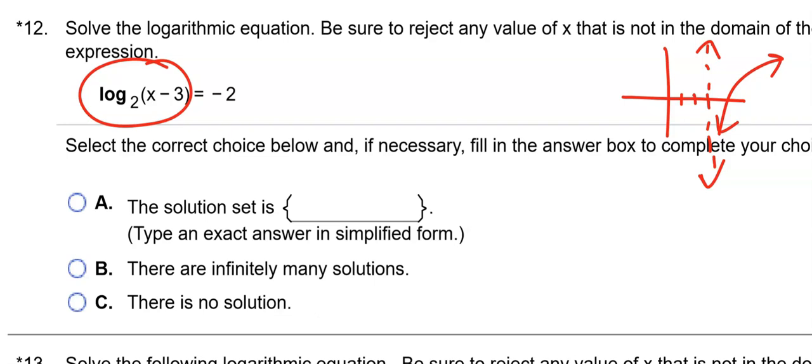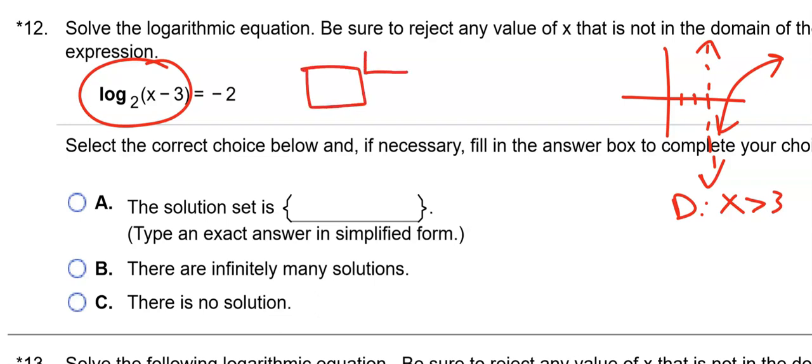Well, this would have a problem if we had anything 3 or less, right? The domain here is greater than 3. So if you got a value that was 3 or less, we would have to throw it away as a bad solution. So let's see what happens here.